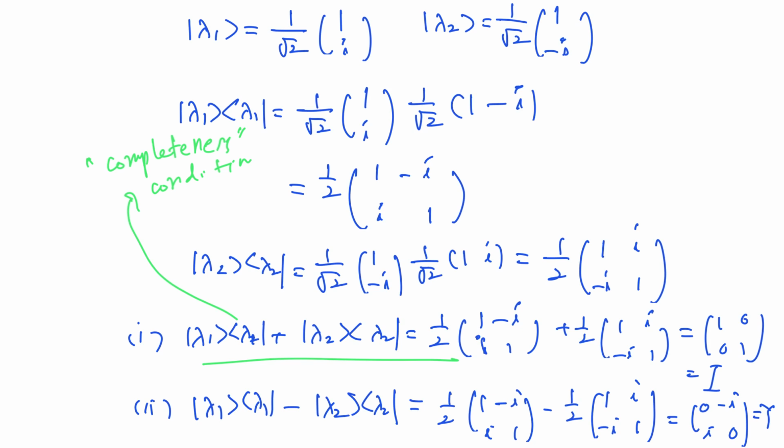So we can see that even though the eigenvectors contain complex numbers or imaginary numbers, it still satisfies this completeness relationship and the spectral theorem. Thus, this is shown for every eigenvalue and eigenvector of a Hermitian matrix.